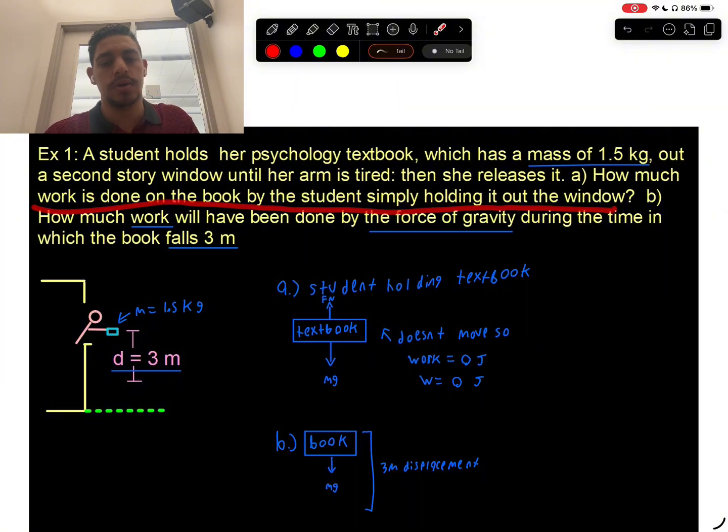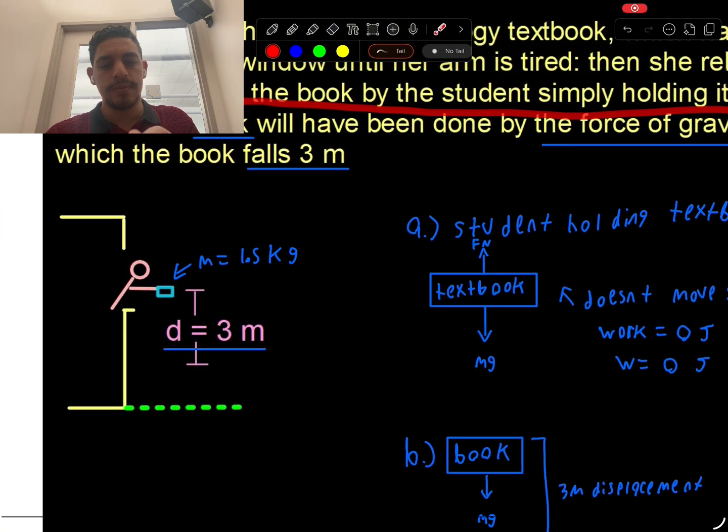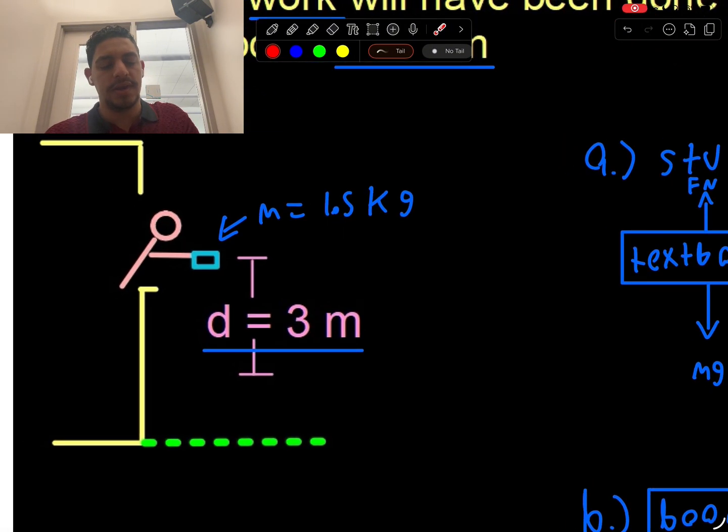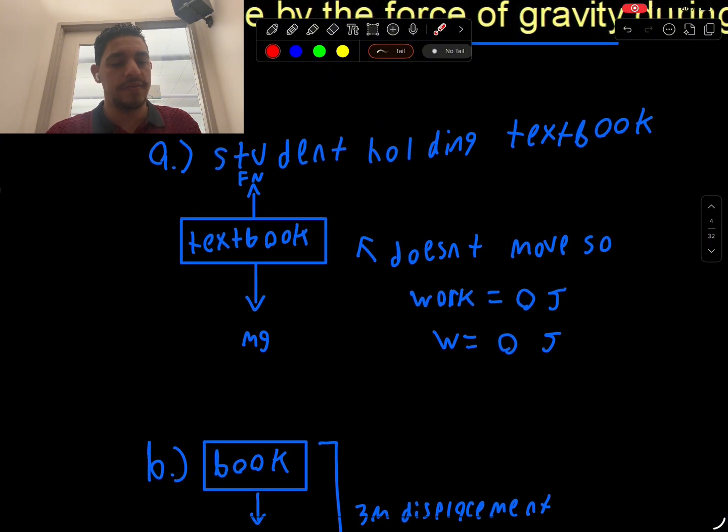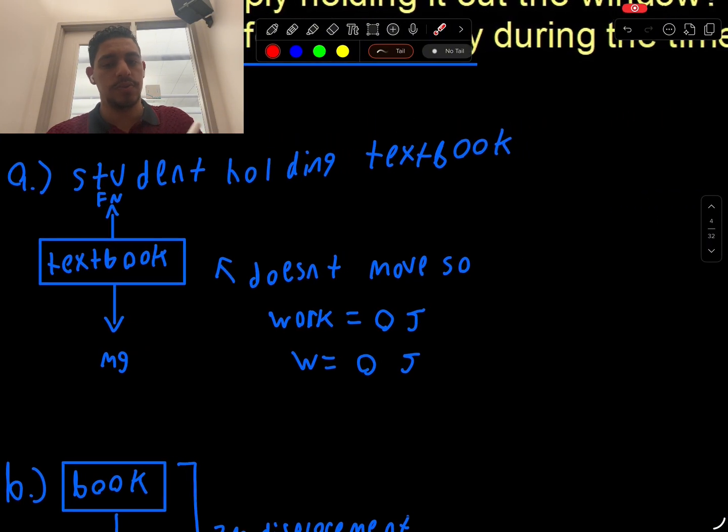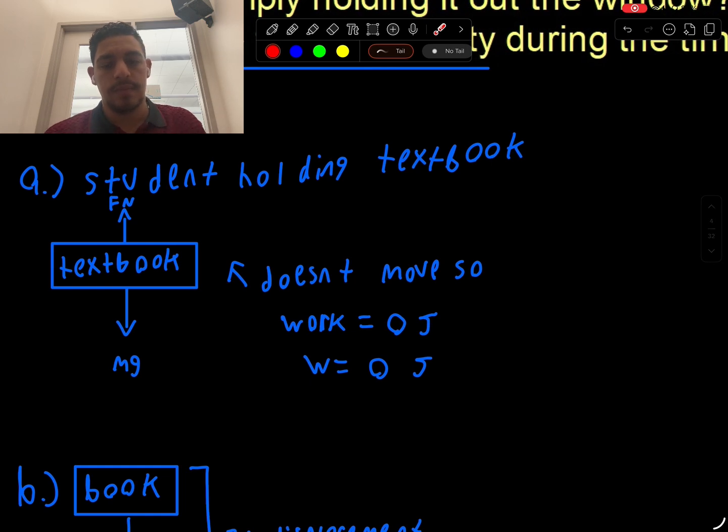Let's make a drawing, or they have a drawing for us. So remember the mass is 1.5 kilograms, right? And she's just holding it. So in that sense, nothing's happening to it, right? I didn't draw a free body diagram, but I thought this would be a little bit easier. Basically, you have your textbook and it's not moving, right?